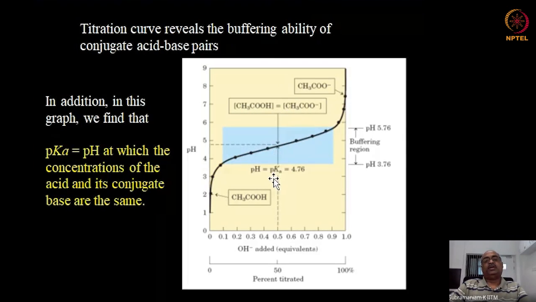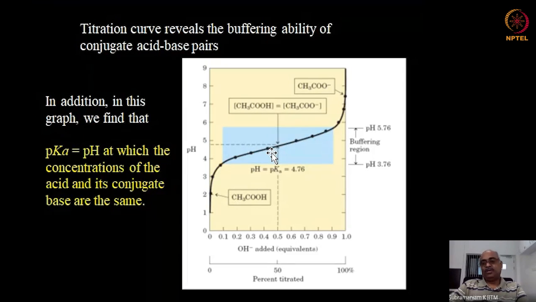At that point, the pH is equivalent to the pKa, 4.76. So at that midpoint where these two are equal, the pH reaches the pKa for that acid.